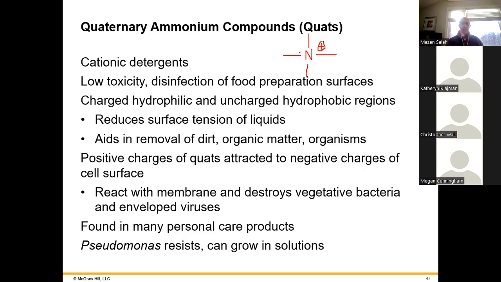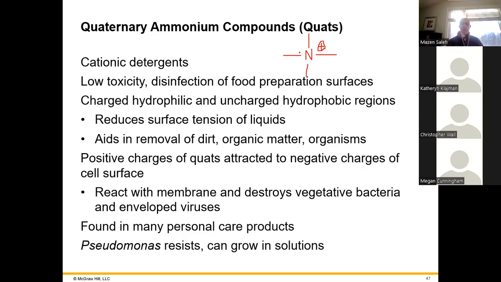It has the advantages, of course, of low toxicity. It's used quite extensively in restaurants and food preparation surfaces, even at home.